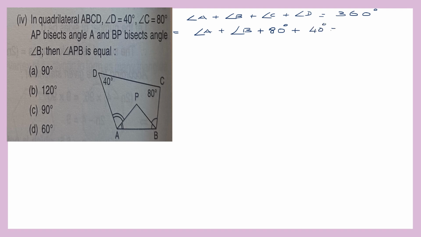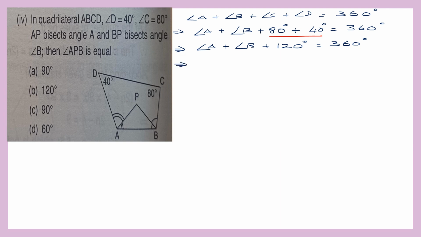All this should be equal to 360 degrees. So now we can find the values of angle A and B. Angle A plus angle B plus, let's add up 80 plus 40, which is 120 degrees, all equal to 360 degrees.